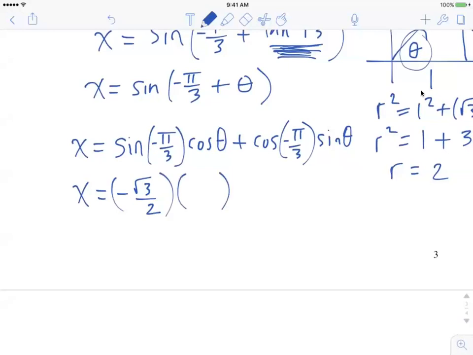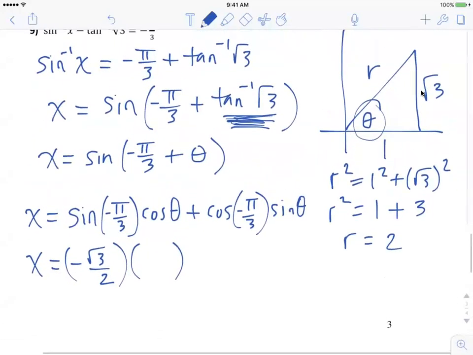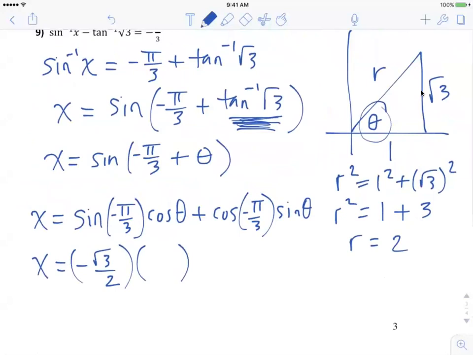Cosine theta is the next thing. Now I'm going to go to my picture here. Cosine of theta is x over r, so that's 1 over 2. Cosine of negative pi over 3, that's back to the unit circle, same location, where we saw that it was positive 1/2.